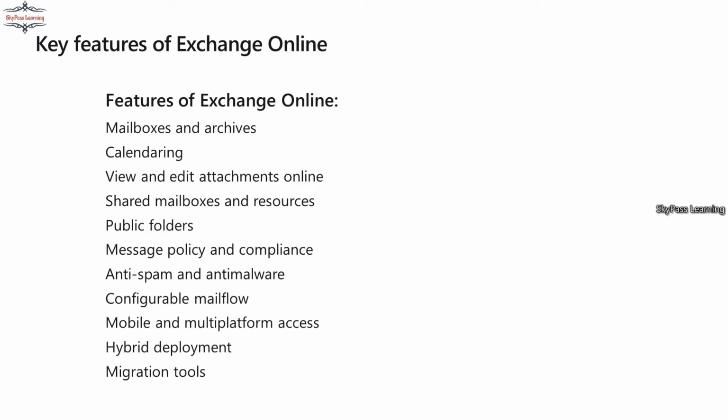So these are the additional benefits. On-premises, you are not going to use 50 or 100 GB of mailbox for a single user, because for 10 users you would require 1 TB of storage. So that would be the best benefit if you're going with Exchange Online.